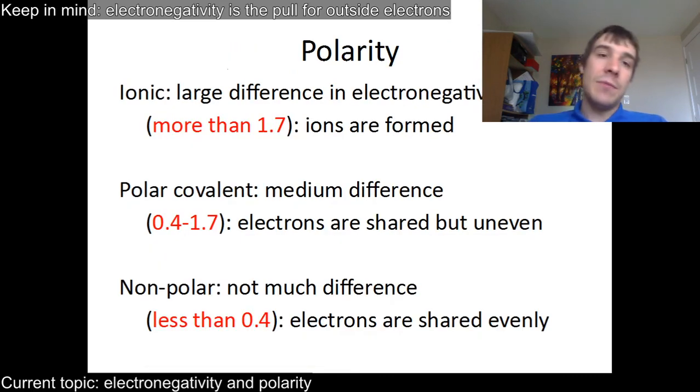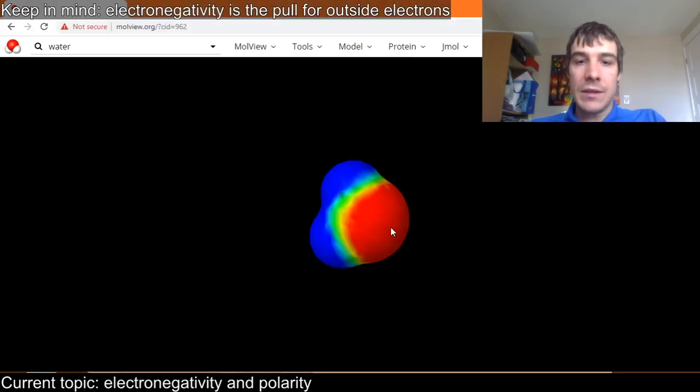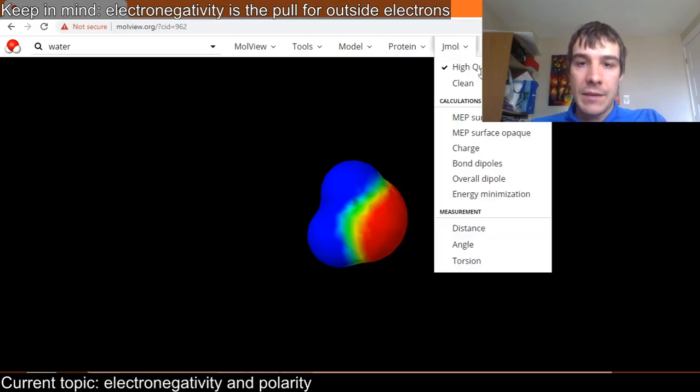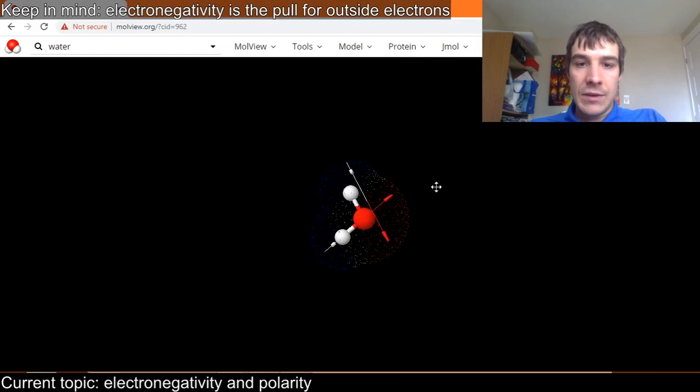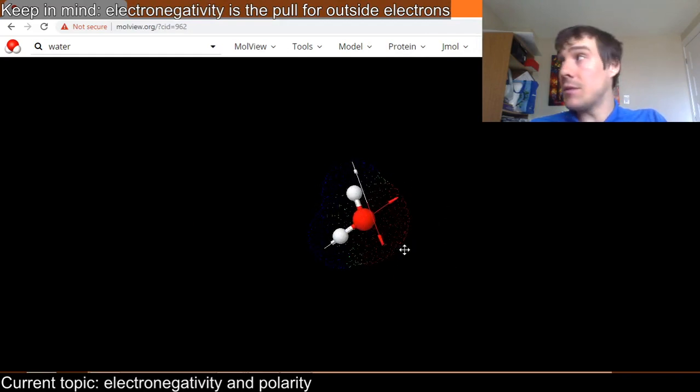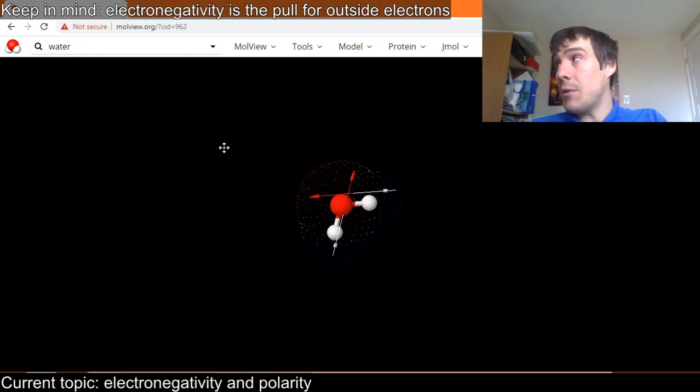Or hydrogen 2.2, oxygen 3.5, the difference is 1.3, which is very highly polar. And that's what we see when we look at our water, this highly polar kind of bond. In fact, we can actually see the bond dipoles. They'll actually show us which way the electrons want to go. These arrows show us that it wants to go towards the oxygen from both hydrogens.